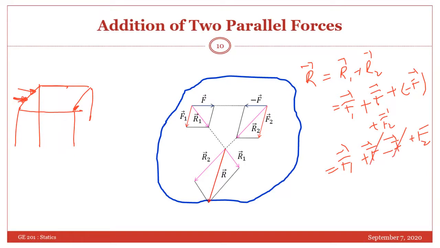So these two will cancel. So you will be left with vector F1 plus vector F2. So even by common sense, you know that the total force here, if this is F1 and this is F2, will be simply the summation of the two because they are parallel. Okay, so you are getting the same thing by parallelogram law also. But we have done it by an indirect procedure.